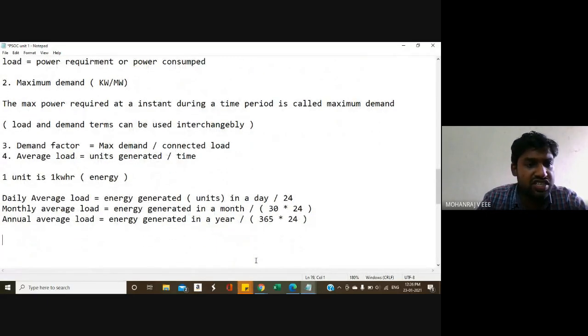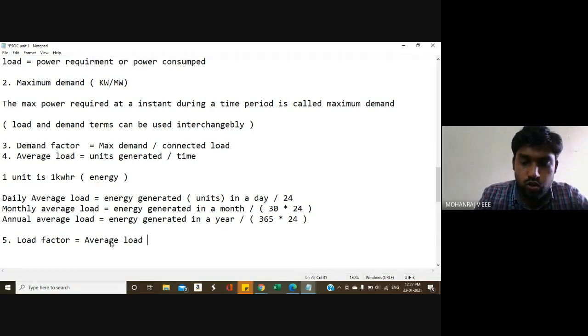So what will be the next term? That will be your load factor. So what is load factor equal to? Load factor is given by the ratio of average load to maximum demand.